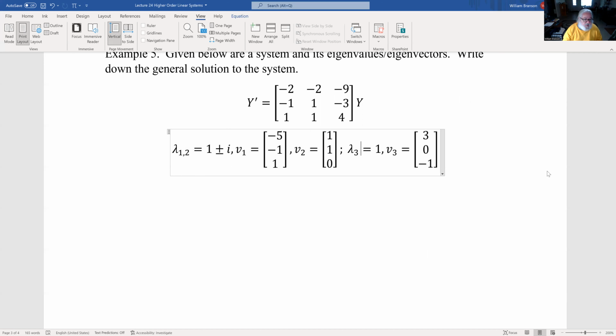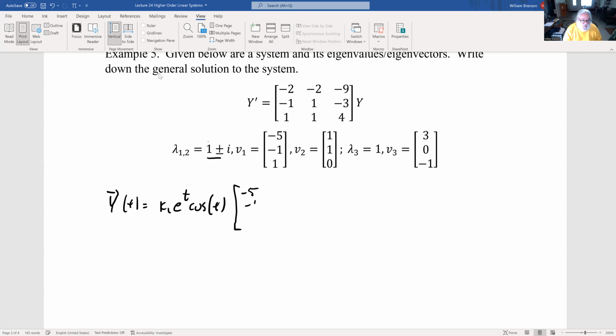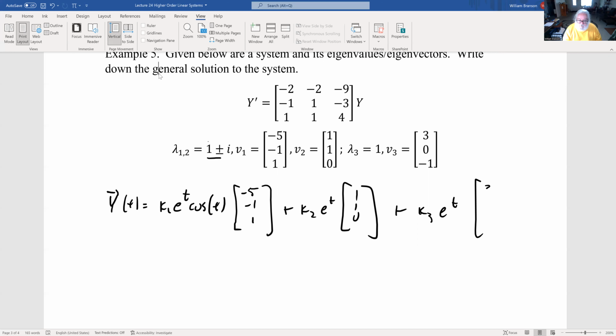Well, it's the same thing that you would write down in 2 dimensions. So we have K1, complex eigenvalue means you have e to the t cosine t, because a equals 1, b equals 1, times the vector -5, -1, 1, plus K2 e to the t times the vector 1, 1, 0, plus K3 e to the t times the vector 3, 0, -1.